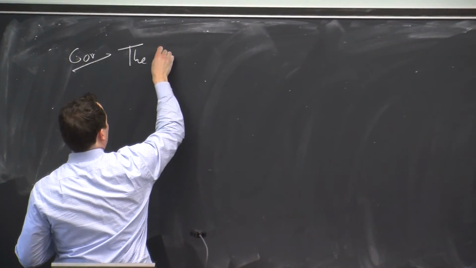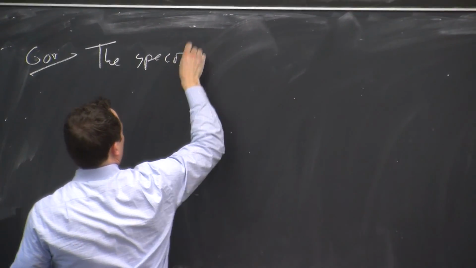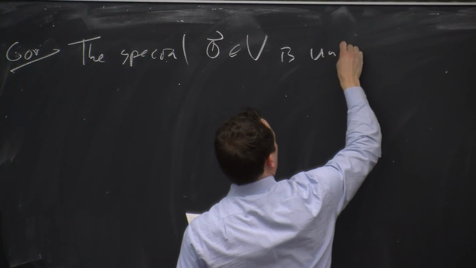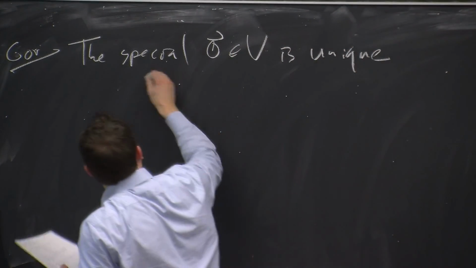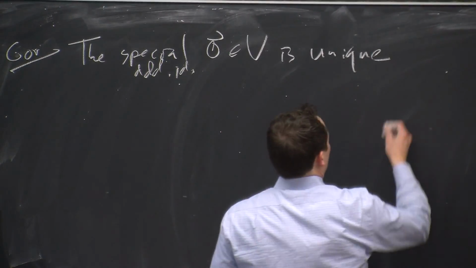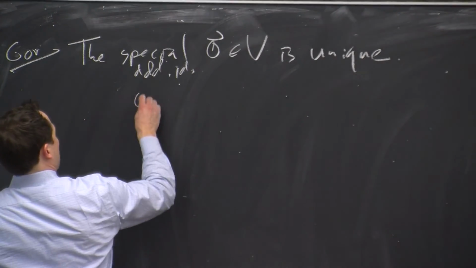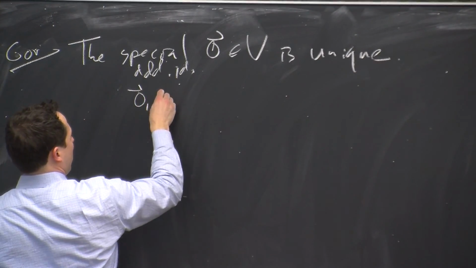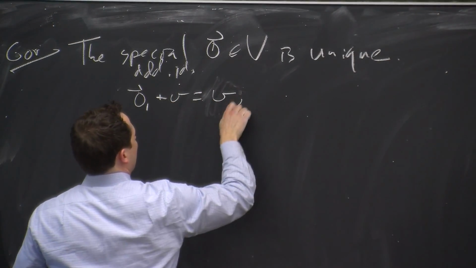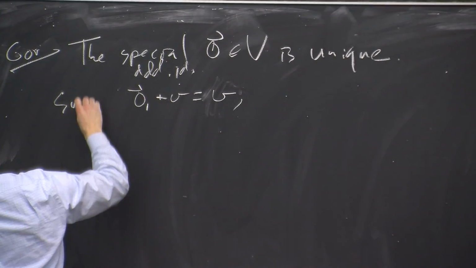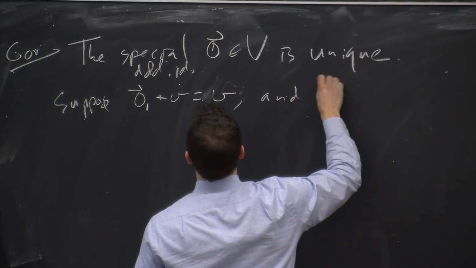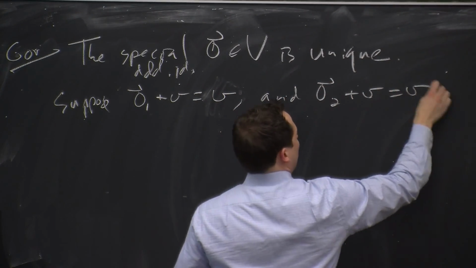The special vector 0, the additive identity, is unique. Special, this is the additive identity. OK. So we could prove it's unique using cancellation. Suppose it wasn't unique. I had 0, number 1. That plus v was equal to v. And so suppose we had one 0 for which it worked, and we had another 0, which when added to v equals v.